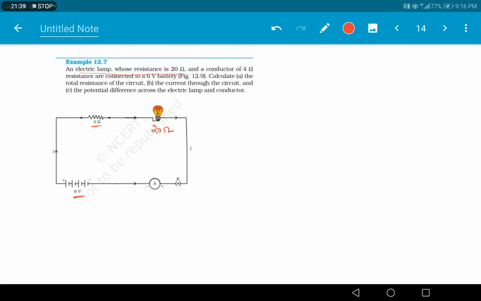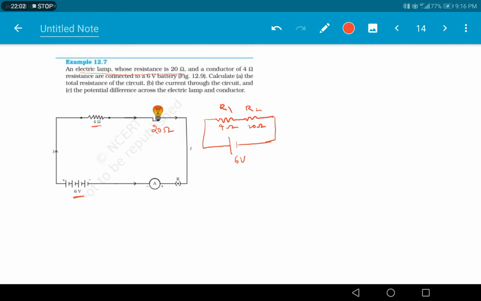Calculate the total resistance. Simply we can redraw the circuit. The circuit contains two resistors, one is 4 ohm, another one is 20 ohm, and the battery voltage is 6 volts.